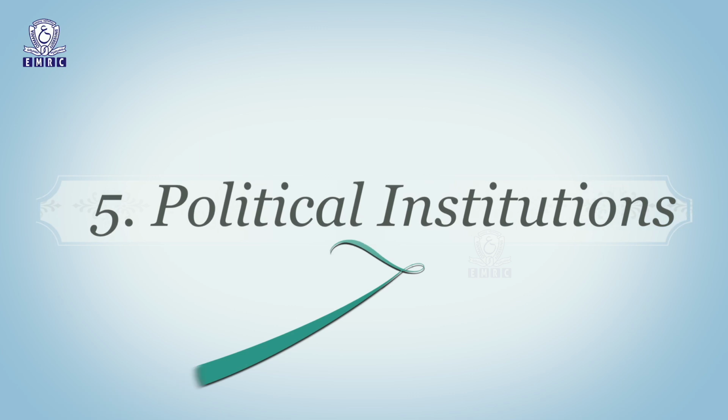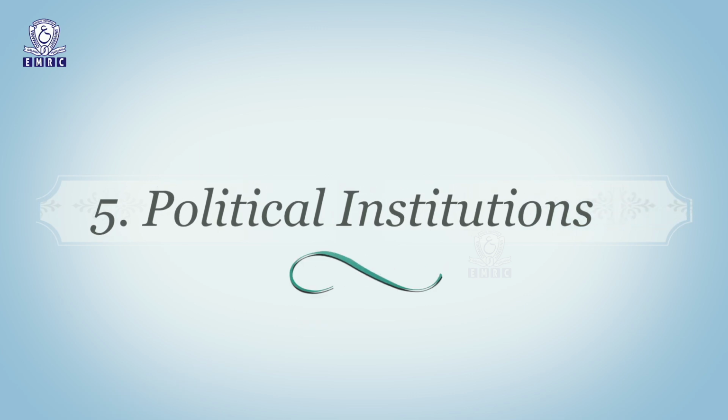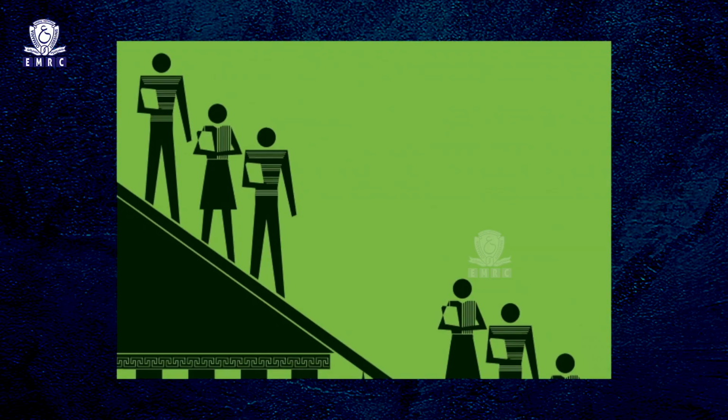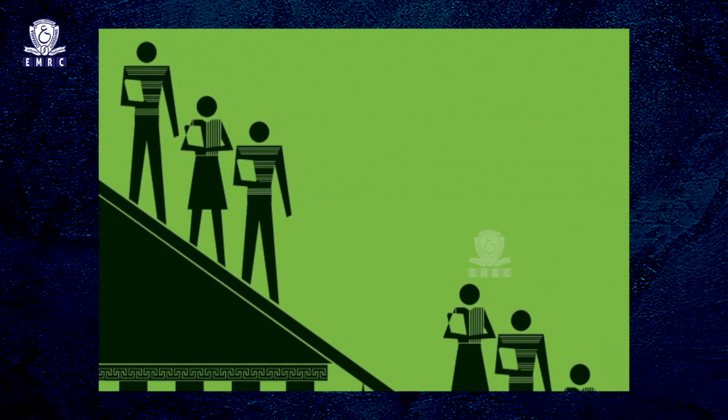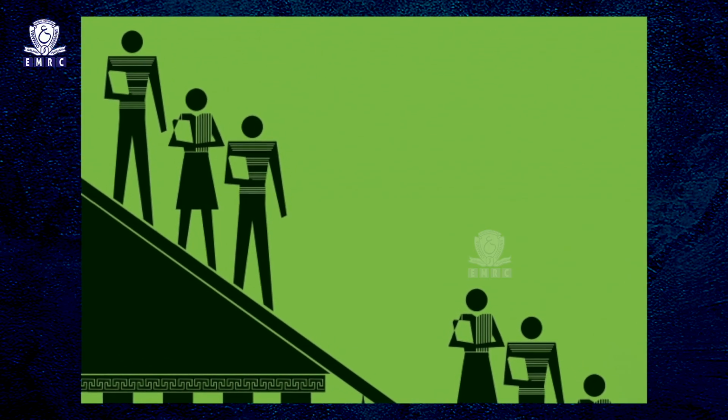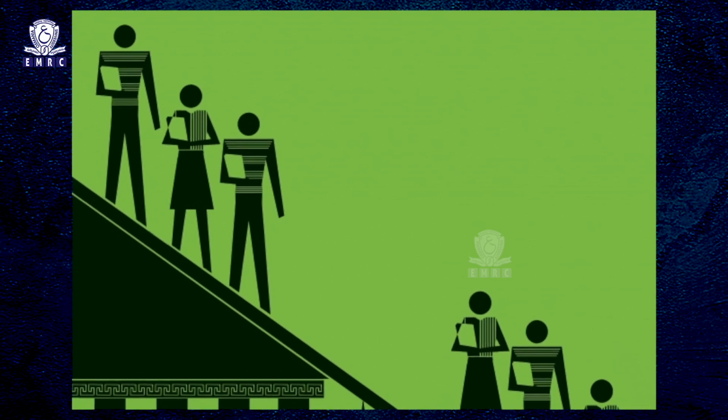Then fifth aspect is political institutions. Political institutions also provide opportunities for social mobility, if not for all, at least for a few. For example, those who enter government service at a young age would often assume a very high office over the years, either through seniority or through selection.